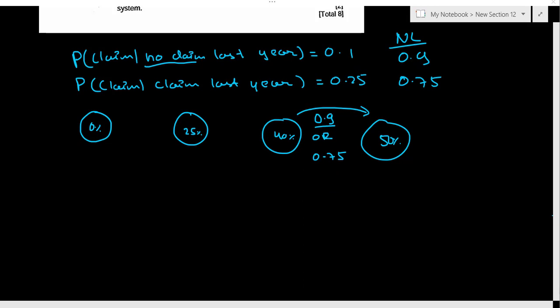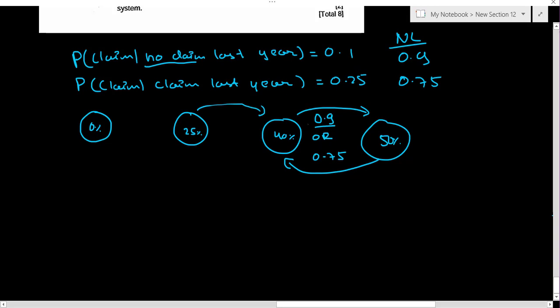If he is in 40 right now and had made a claim last year, he would have moved from 50 to 40 last year. And if he did not make a claim last year, he would have moved up from 25 to 40. That is what would have happened logically.